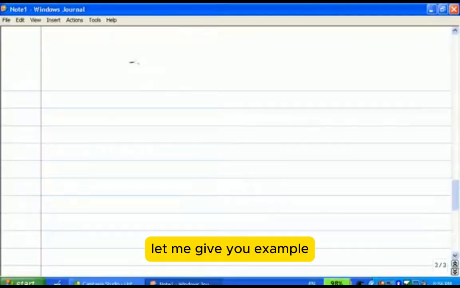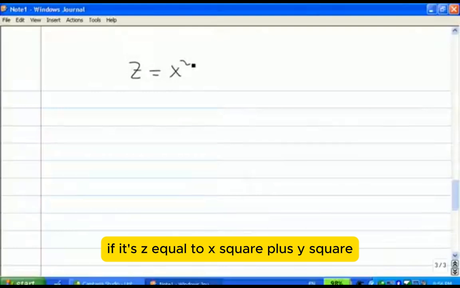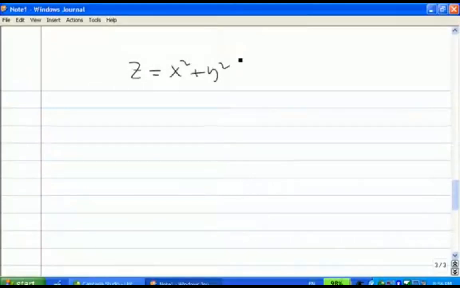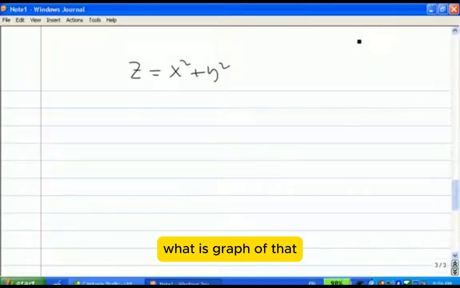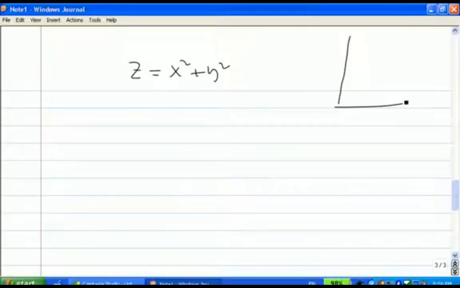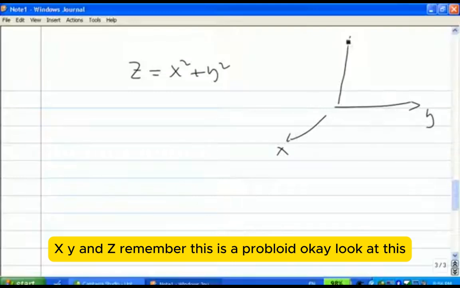Let me give you an example. If z equal to x squared plus y squared, what is the graph of that? X, y, and z. Remember, this is a paraboloid, like this.